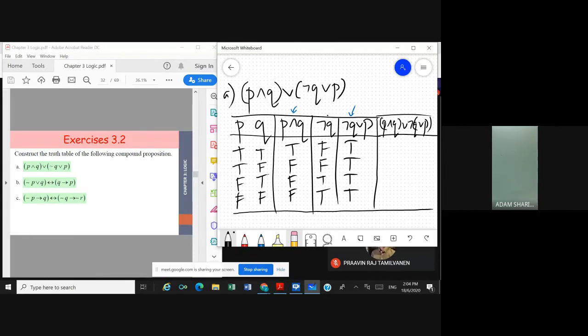I double check. F, T, T, T, T, T. Okay. Lastly, T or T, T. T or F, T. T or F, T. T or F, T. Okay, double check my answer because I'm not seeing this clearly. My handwriting is not good on my laptop.